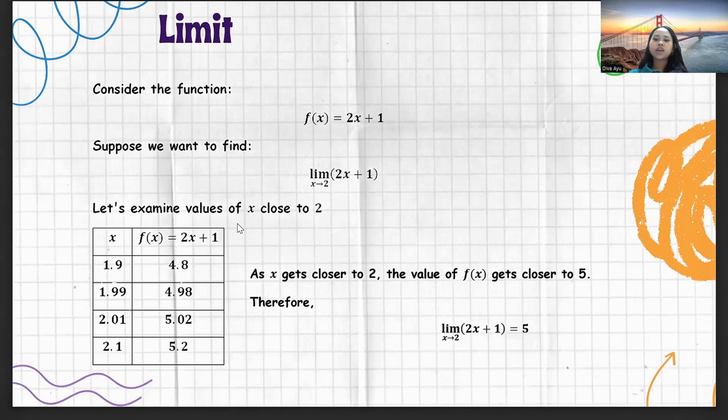When x equals 1.9, the function value is 4.8. When x equals 1.99, the function value becomes 4.98. When x equals 2.01, the function value is 5.02.